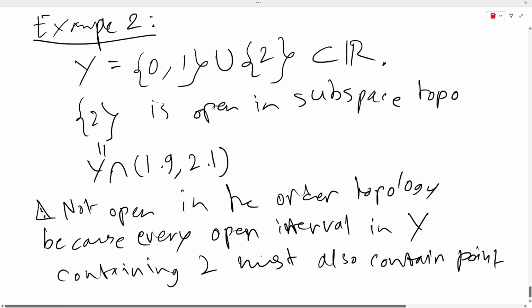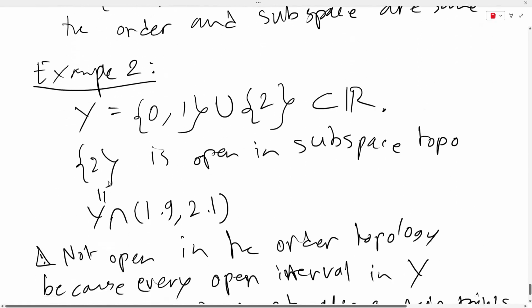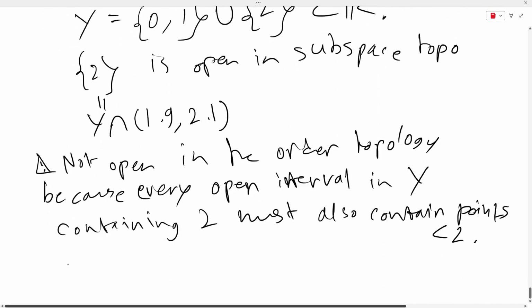Because of the definition of the order topology. So on this, the order and subspace topologies are not the same.